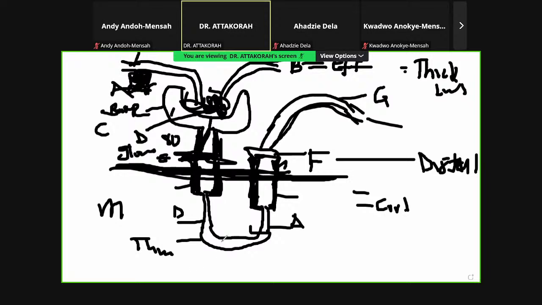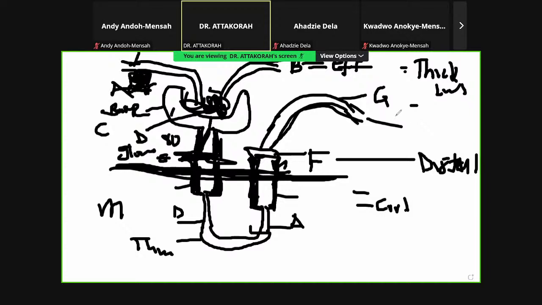Okay, so let me tell you. Good attempt. Do you know there's a thick segment here, and take note of this. All the time, at the thick loop there's exchange of electrolyte. Not only electrolyte, but the glucose, the urea, and the electrolyte.